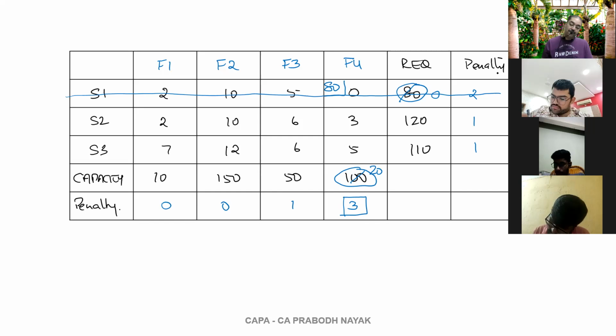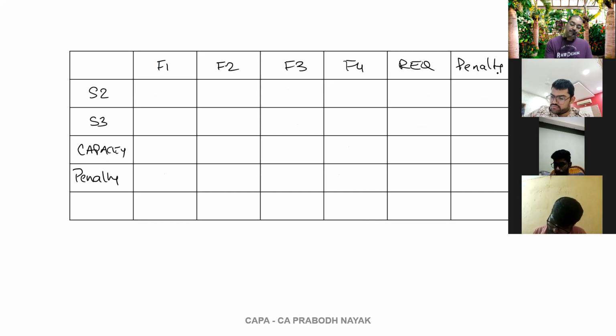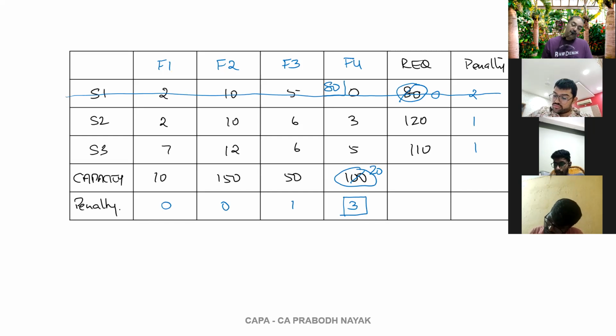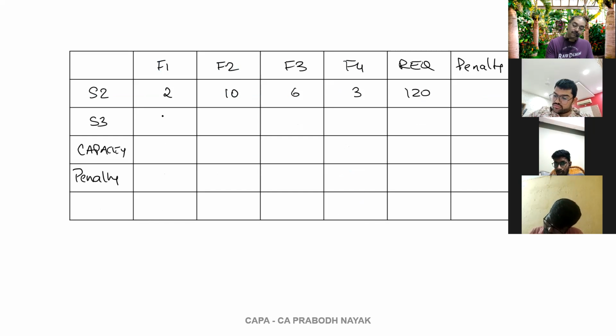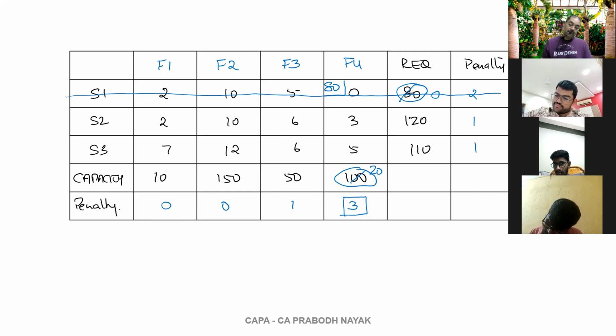Two 10, 6, 3, 120. 7, 12, 6, 5. Ten, 150 and 50, 20.